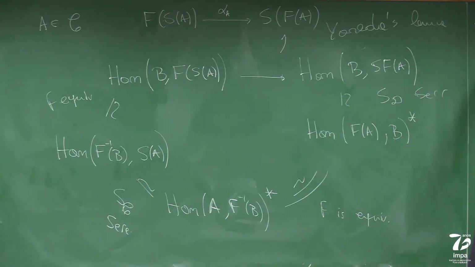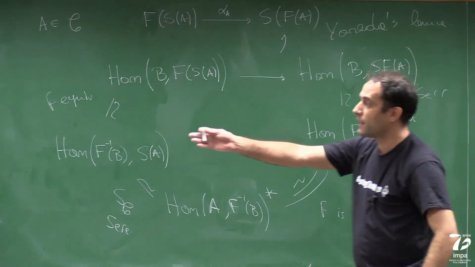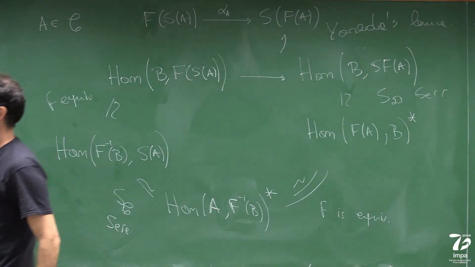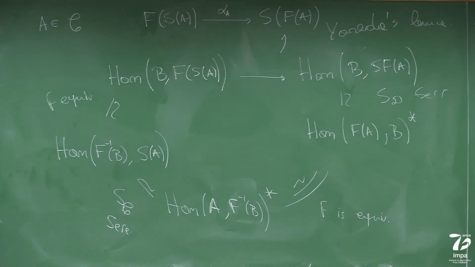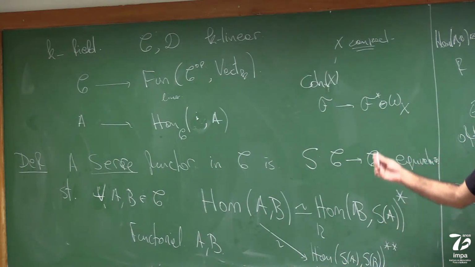So Serre functors are unique if they exist. The definition I gave was very lax: essentially Serre duality holds, whatever that functor is, and I'm proving that Serre duality can only be of this form. Any other one, even though it may look different, is going to be isomorphic.